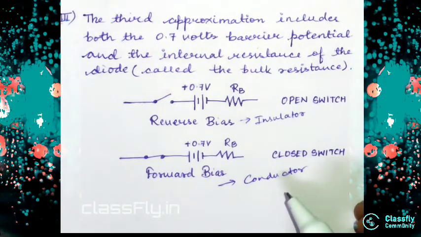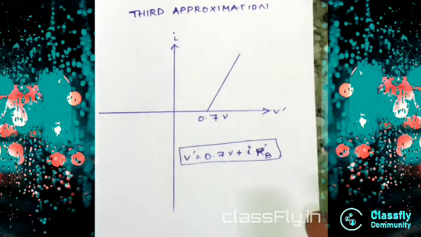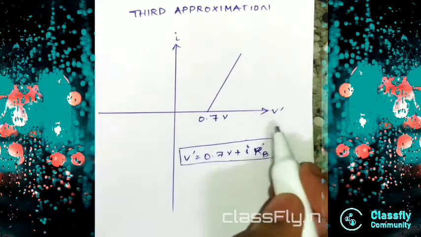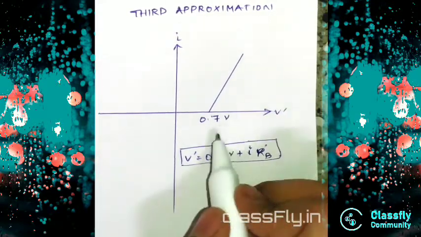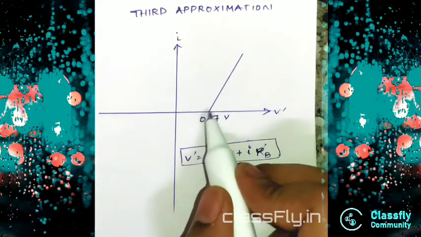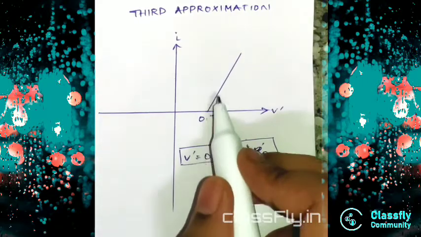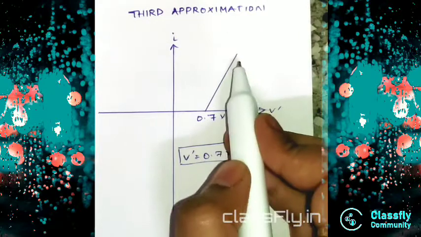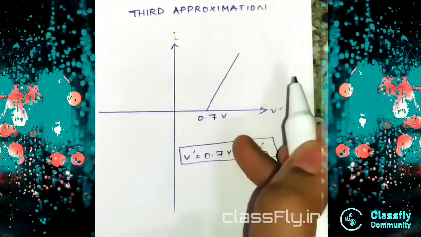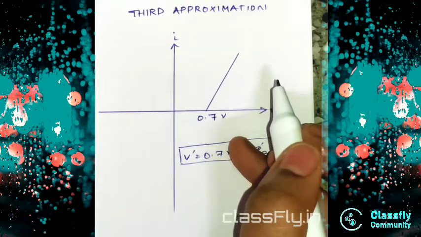Now we will see the graph of the third approximation. This is the graph of the third approximation. The Y-axis will have the current and the X-axis will have the voltage, right? Here the voltage will be 0.7 volt, but as there is internal resistance, there will be a little tilt. It will not be vertical, it will be a little tilted as the resistance will oppose.